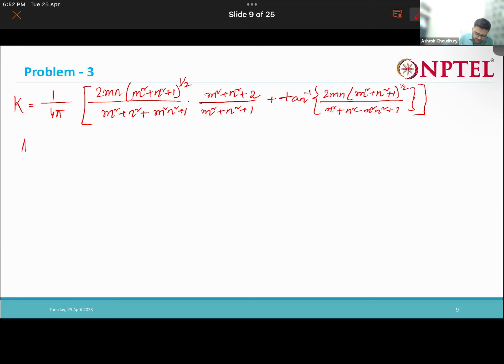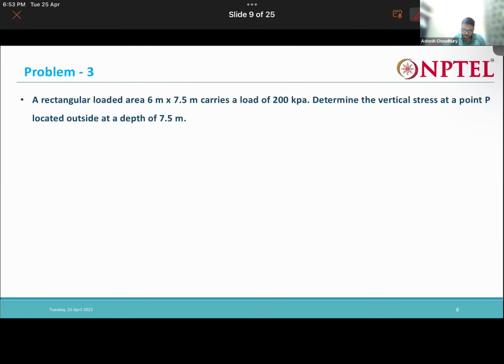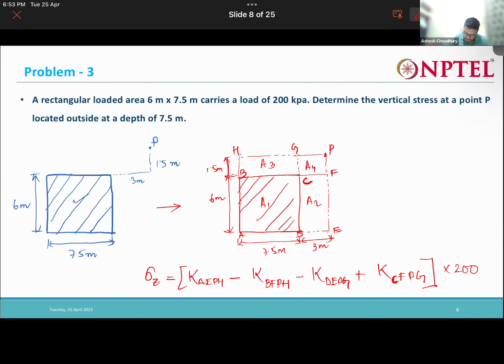So for area, let us do it for AEPH. So AEPH is which one? So you can see here AEPH. So here L is what? 7.5 plus 3. So 10.5 meters. L is this much and your B is 7.5 meters. This is 6 plus 1.5.